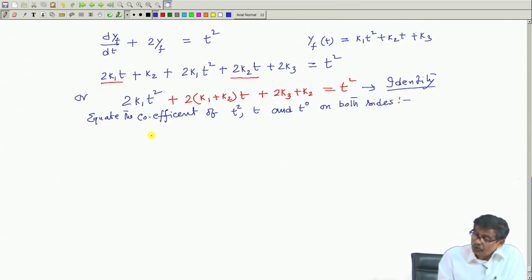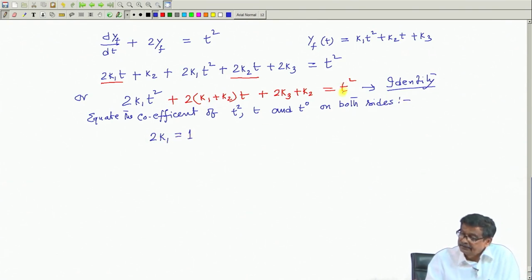That is, 2 k1 must be equal to 1. On the right hand side there is t square, here also it is t square. So, its coefficient is 2 k1, and it must be equal to 1. Therefore, it straight away gives you k1 is equal to half.